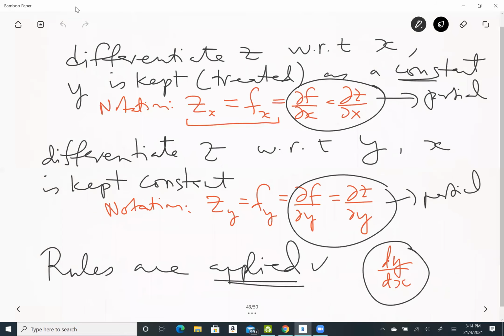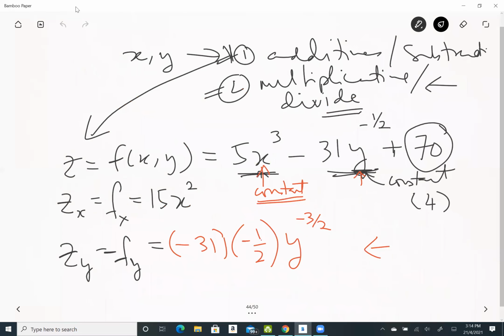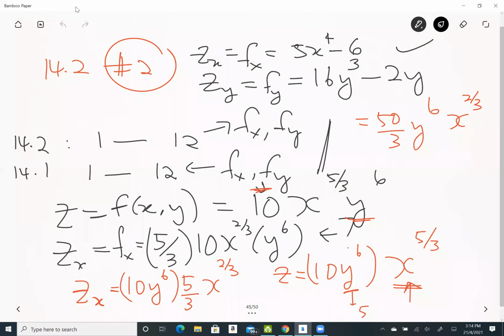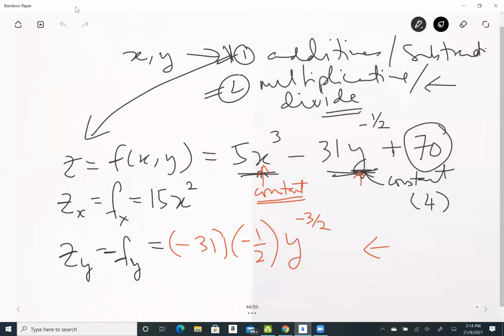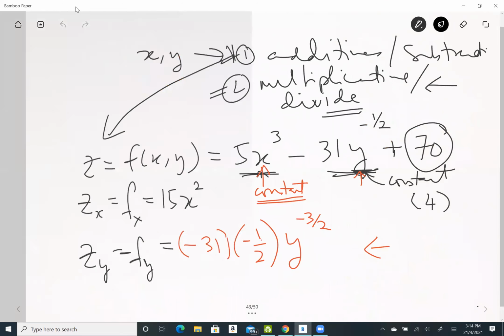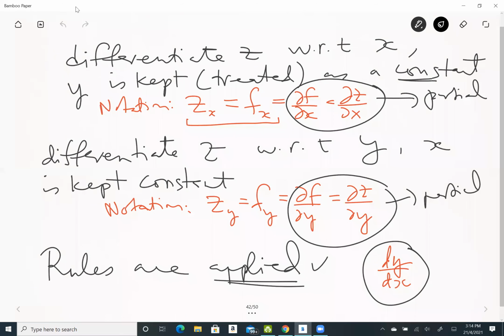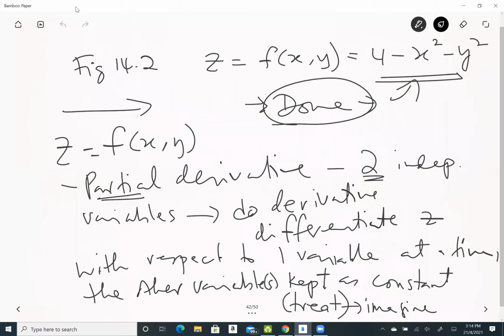The first derivative, we didn't do that. We didn't do it, but it's okay, this is easy. We go back to that example, 4 minus x squared minus y squared. By now, we can do this quickly. Give me or find for me the zx, the fx.